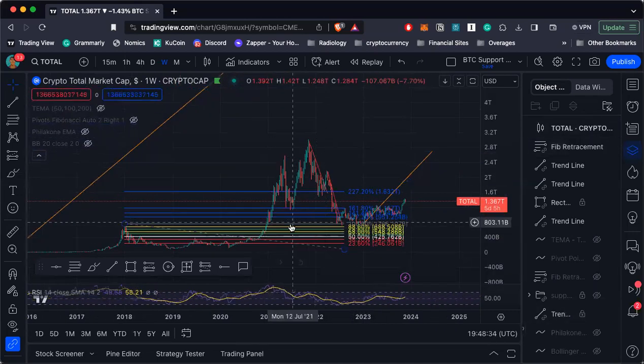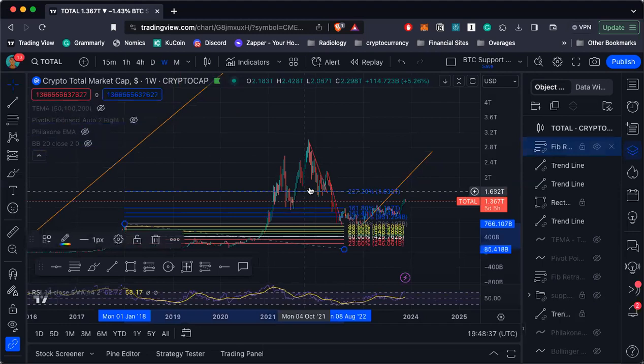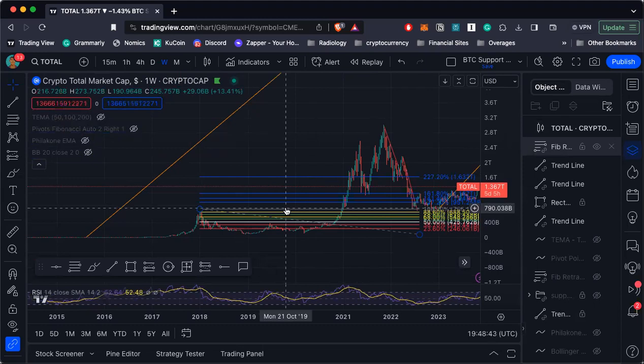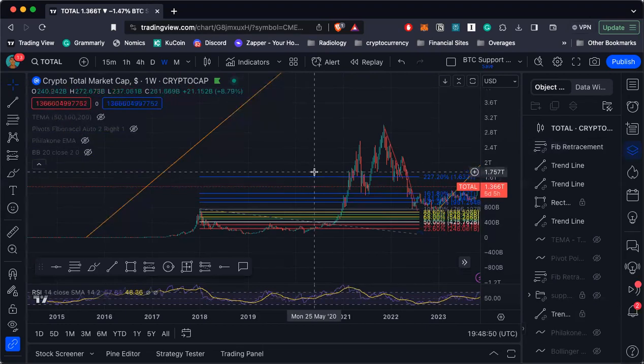So what do we learn here? Again, the crypto market shattered the ceiling. The total market cap of the crypto market shattered the ceiling of the Fibonacci retracements.